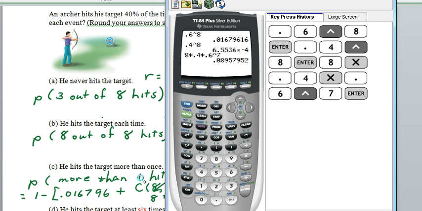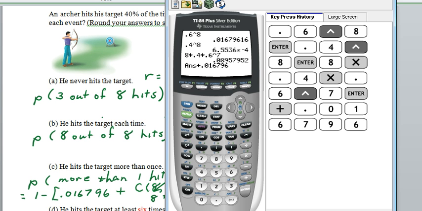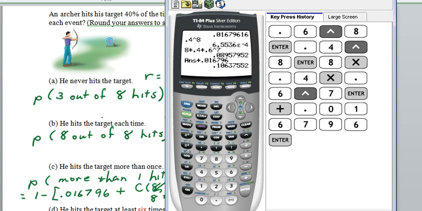And so to that, I'm going to add, so I just hit add and it brings up this previous answer. I'm going to add the 0.016796. That's going to give us the number that we subtract from 1.